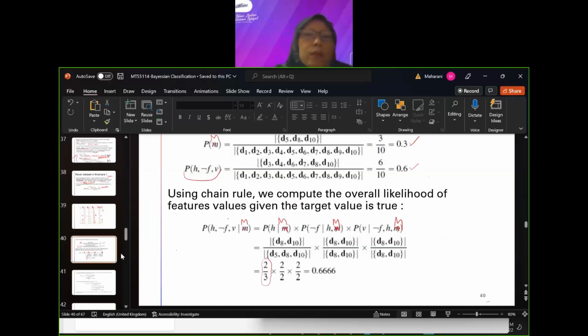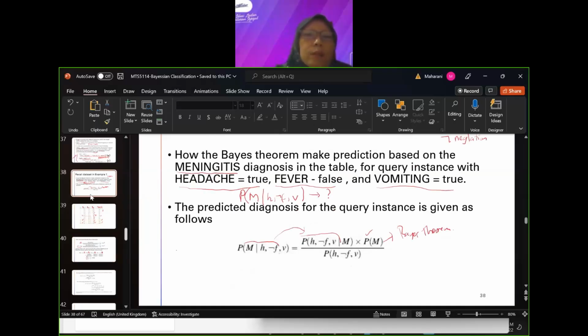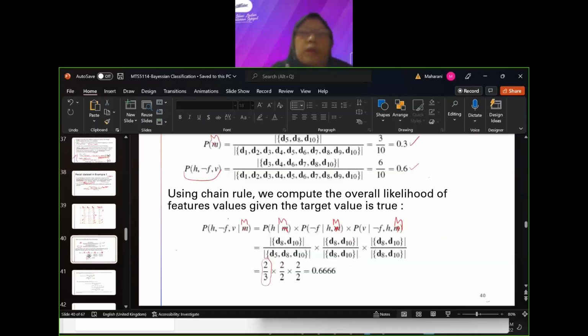This one has not been computed yet: the probability of meningitis with 3 features. We just finished this one, settled. Now we are going to find this: P of the 3 features with condition M. That is what I explained earlier.